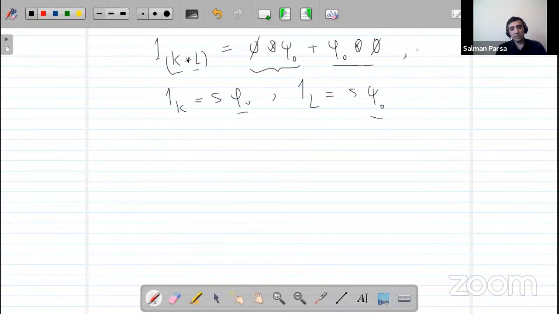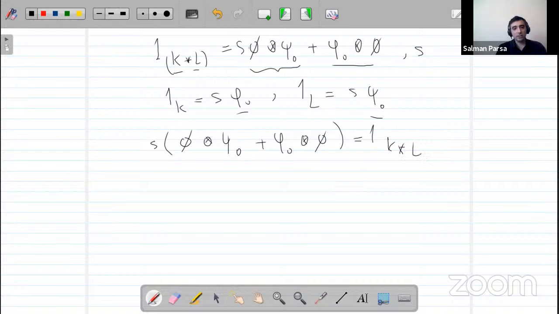And it's true that if this S is now the S of the join complex, if we apply it on this, this is the one of the join complex. So in other words, we have our first term of the resolution.